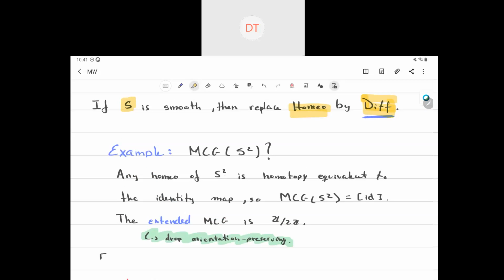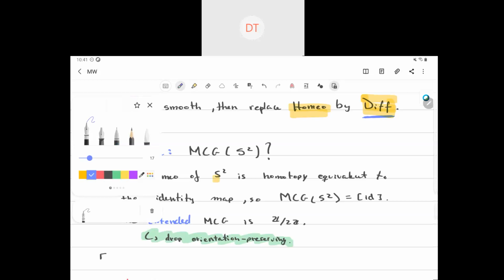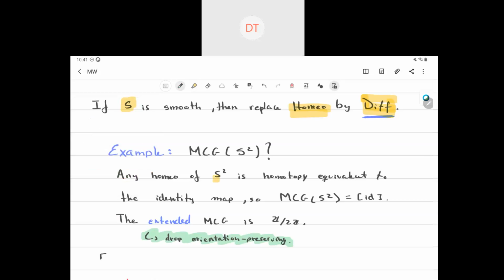Any orientation preserving homeomorphism of S2 into itself is homotopy equivalent to the identity map.